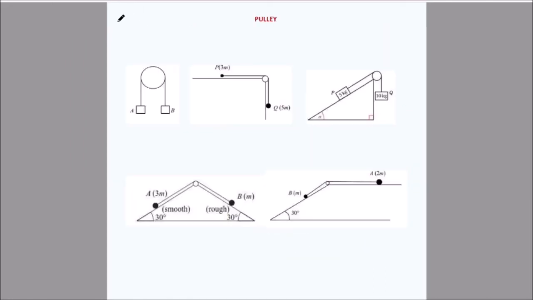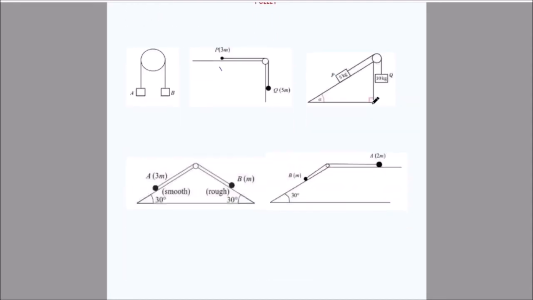Whenever we need to calculate the force on the pulley, so far we have been dealing with the motion of the particles only. We are not even considering anything related to the pulley. But if two particles are here, the pulley will feel a force in this direction, right? In this situation, we have tension, so that's why the pulley will feel a resultant force. So we need to calculate the magnitude of this force.